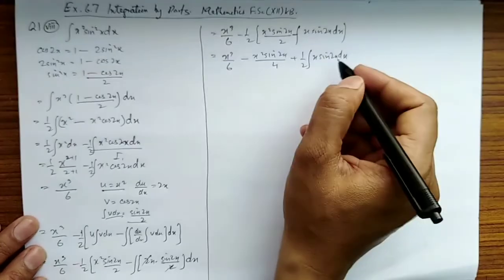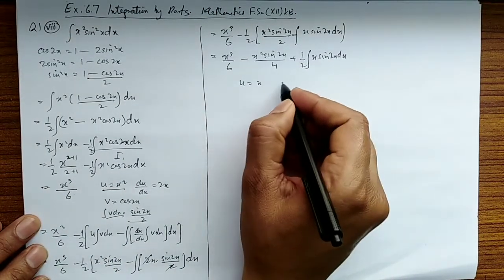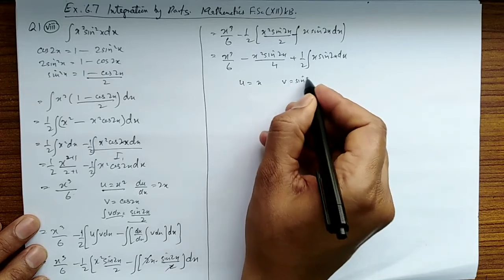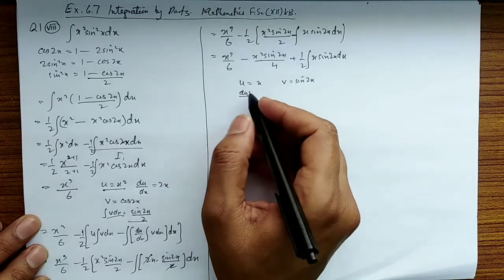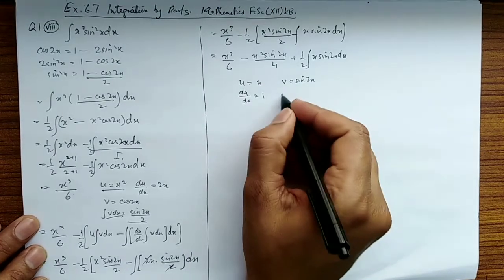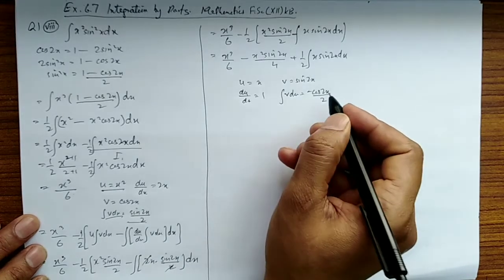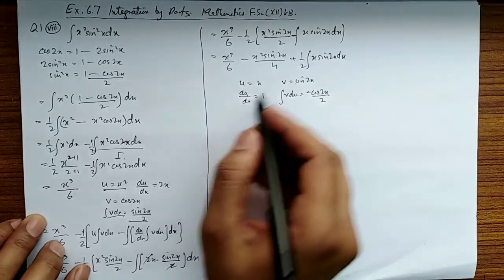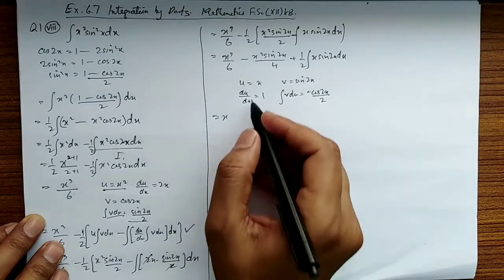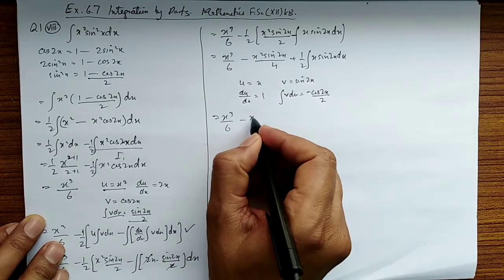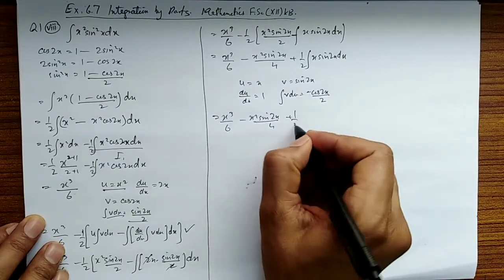I'm going to integrate this one again by parts. For this, let u equal x and v equal sine 2x. So du upon dx is equal to 1 and the integral of v dx is minus cos 2x upon 2. So by putting again the values for this part by using this formula: x cube upon 6 minus x square sine 2x upon 4, this part will be same till the end of the answer, plus 1 upon 2.